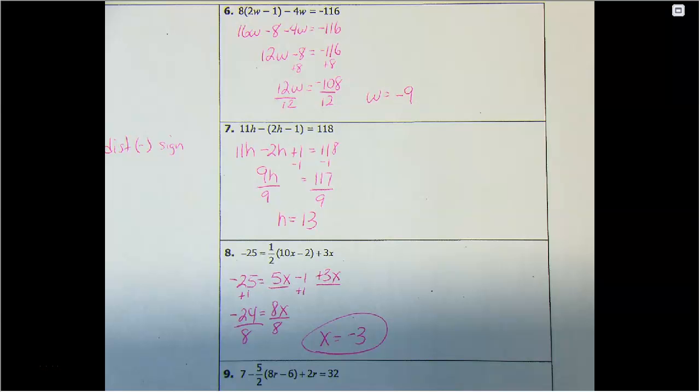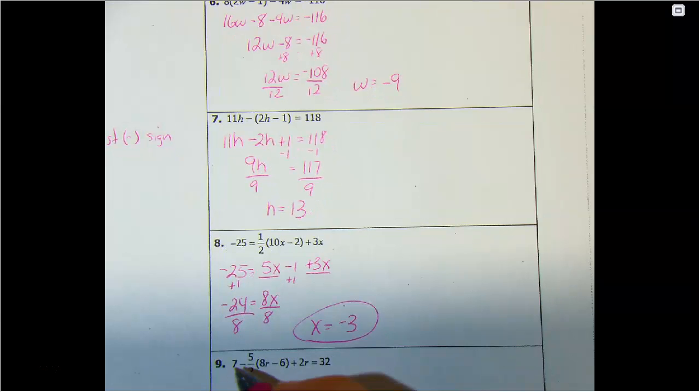More of the same. So here we go. 7 stays out in front. We're going to distribute to 5 halves. Now this one gets a little bit funny because we could go ahead and multiply this. 5 times 8 is 40. Half of 40 is 20. So that may be the best way to look at it. We could have also taken 2 goes into 8 4 times. 4 times 5 is 20.